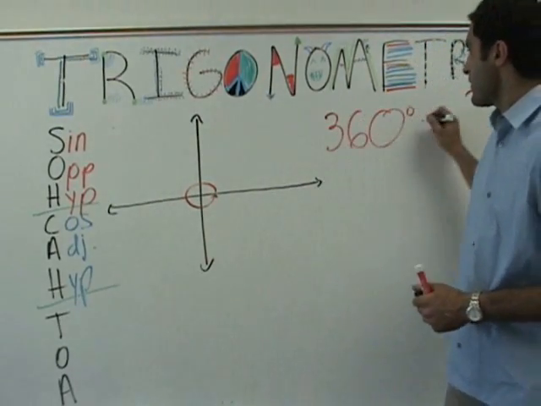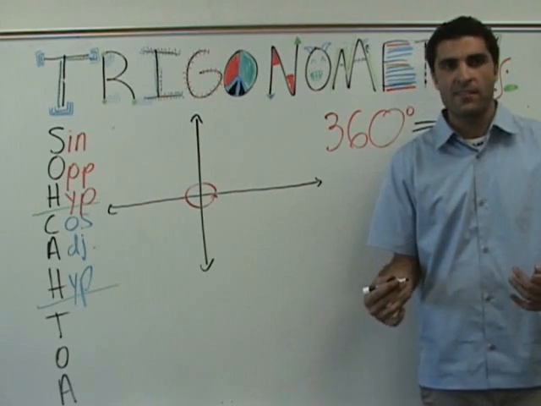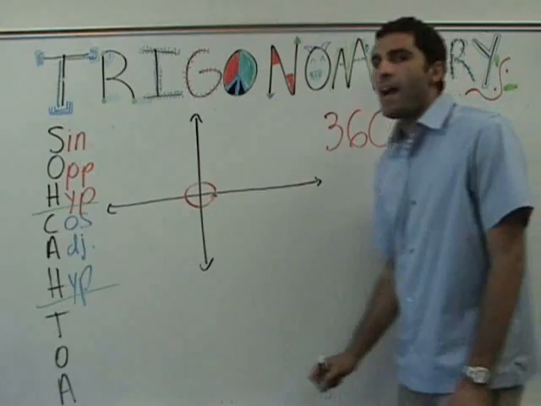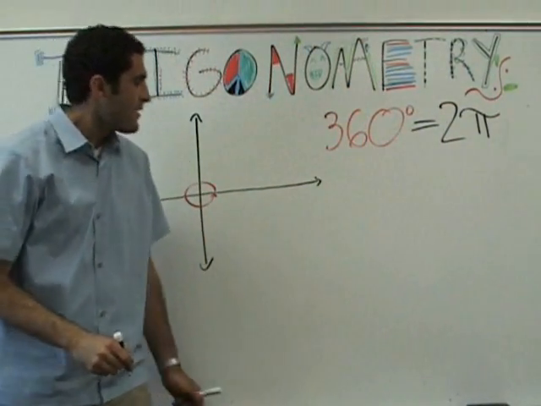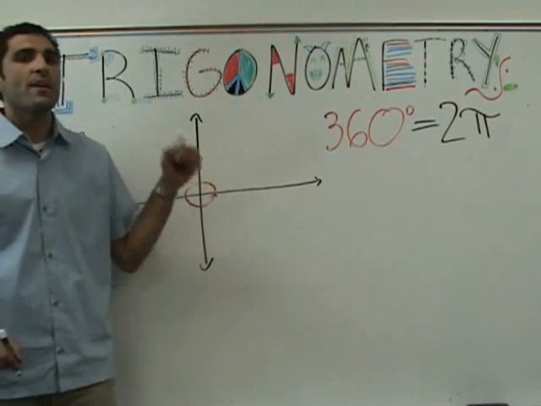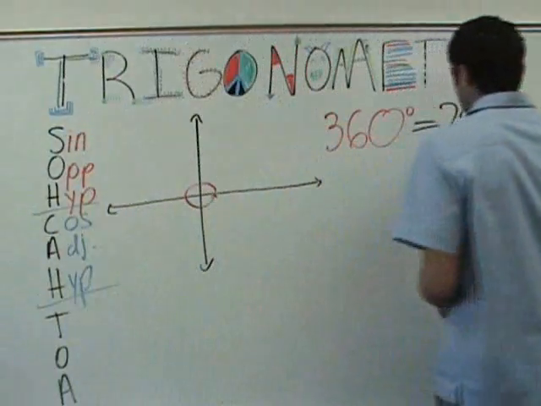This is degrees. Radians is another form of angle measurement. It is equivalent to 2 pi. So if we start here and go all the way around and end, we just went 2 pi radians.